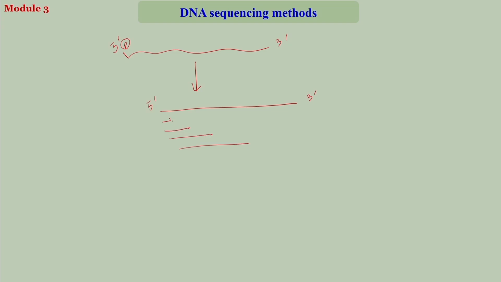So your chain would be terminated, this should be 3 prime, this should be 5 prime, should be 3 prime, should be 5 prime. So your synthesis of the complementary strand would be stopped at every base pair, and that is how you can get fragments of all lengths of DNA, and you can analyze the fragments using gel electrophoresis. That is what we have seen in the last class.